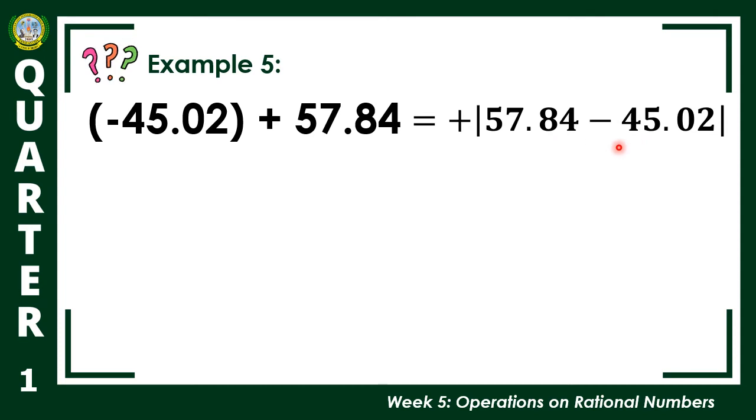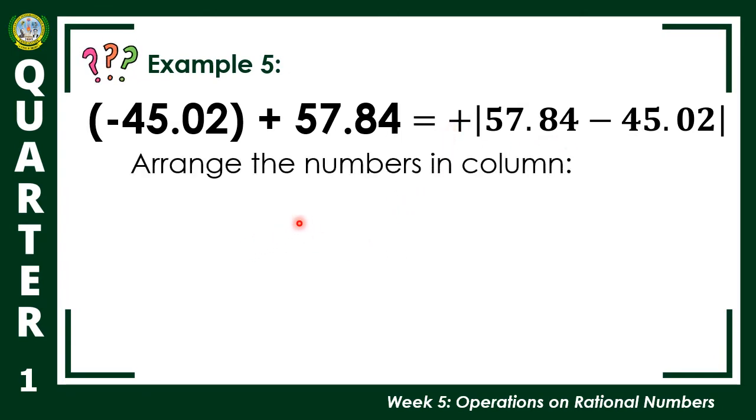So, isusubtract natin, syempre, dahil mas malaki ang 57.84, siya yung mauuna. 57.84 minus 45.02. And then, susundin natin yung sign ng mas mataas. And since mas mataas yung 57.84, which is positive, positive po yung magiging sagot natin. Okay? So, ayun, isusubtract natin yung dalawa, and then positive ang magiging sagot.